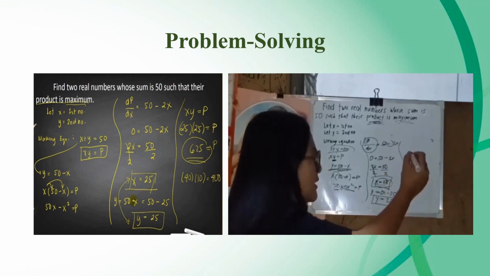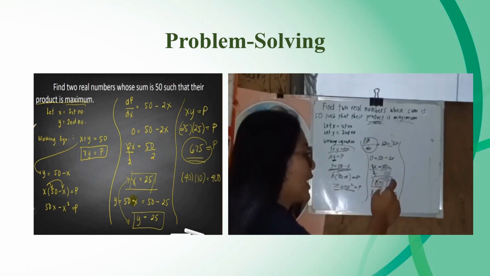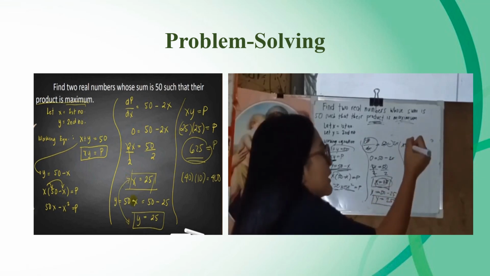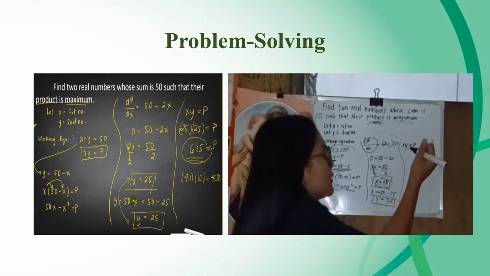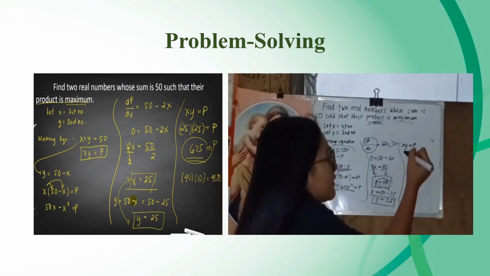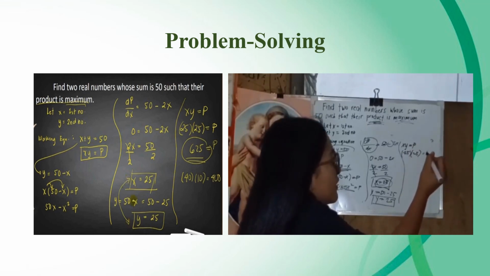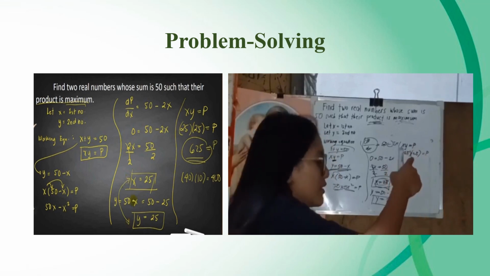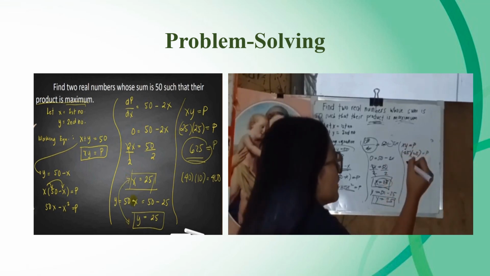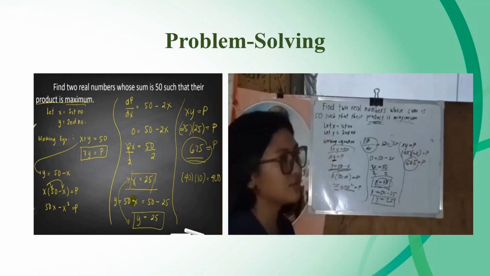Next is, let us multiply x and y. X times y is equal to P. So 25 times 25 is equal to 625. Okay.